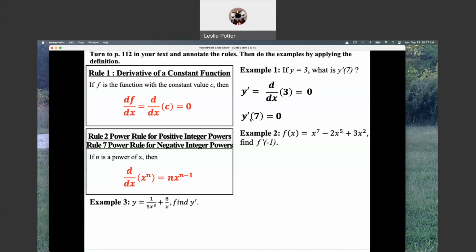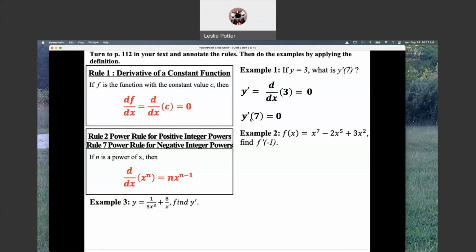That's just one location on the line, right? Here is y equals 3. Here is x equals 7. It's just saying what's the slope of my line right there? Still 0.